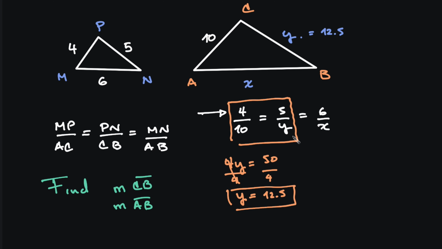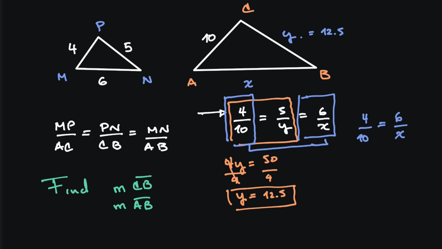Now, how can we solve the other proportion? Since everything is equal, we can write the next proportion: 4 to 10 is equal to 6 to X. We apply the same method. 4 times X is 4X, and 10 times 6 is 60.